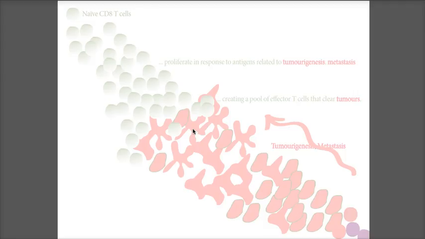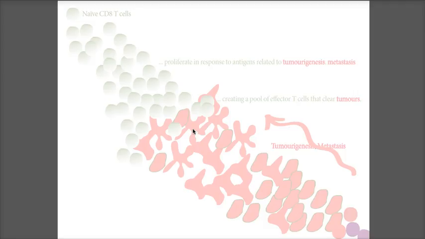They are about to meet them, presented on the surface of cancer cells. And let's hope they have receptors that can recognize those non-self antigens on the surface of cancer cells.